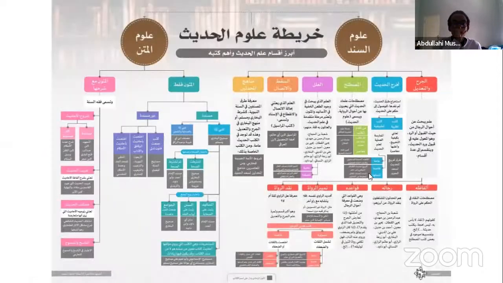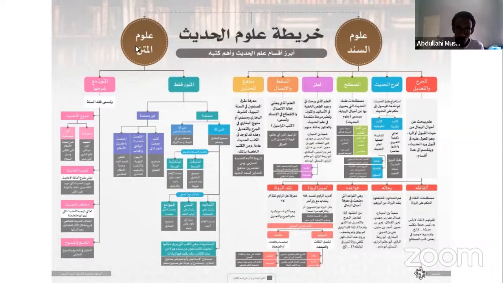Now, going back to this diagram, after having covered all of that, as we mentioned earlier, you could think of a hadith as the finished product of a factory.